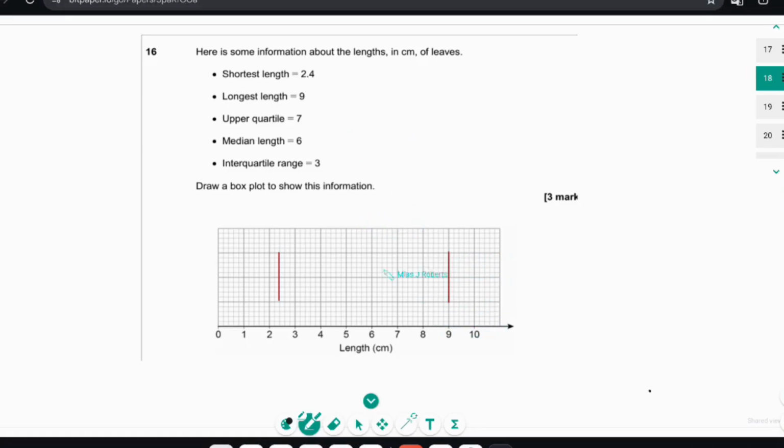Upper quartile is 7. Median length is 6. Interquartile range is 3. The upper quartile minus lower quartile is the interquartile range.